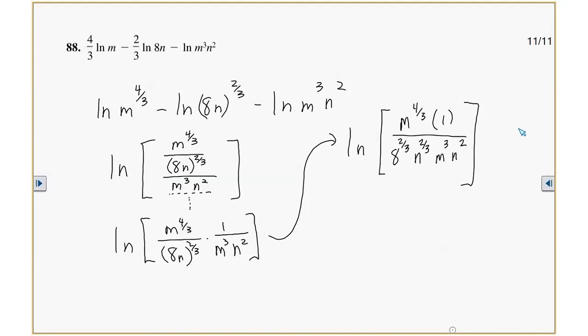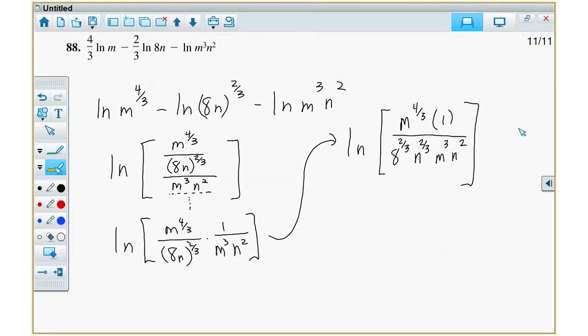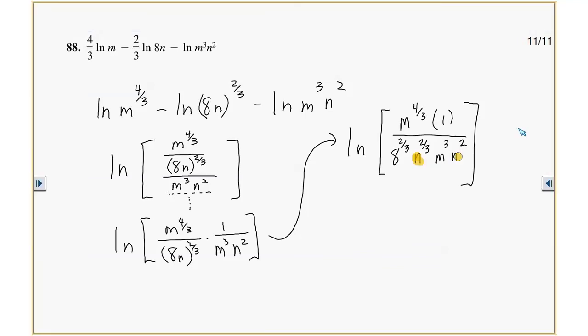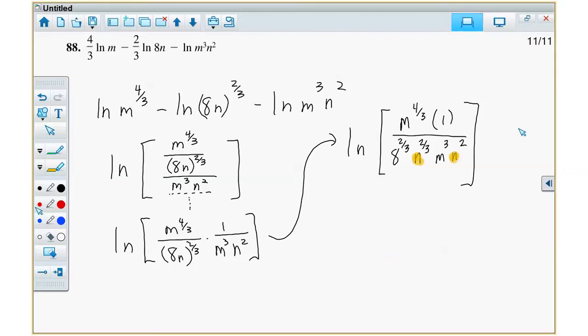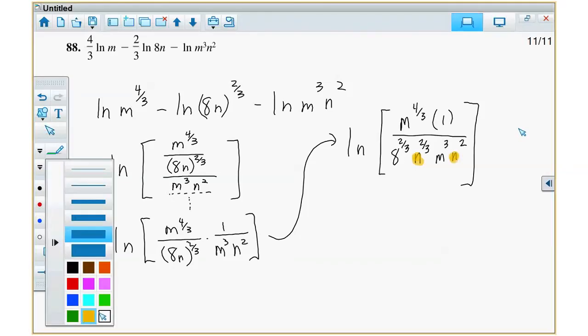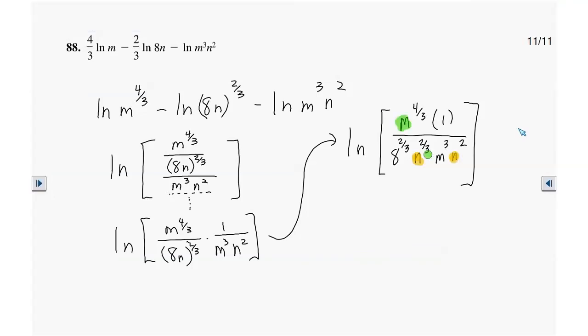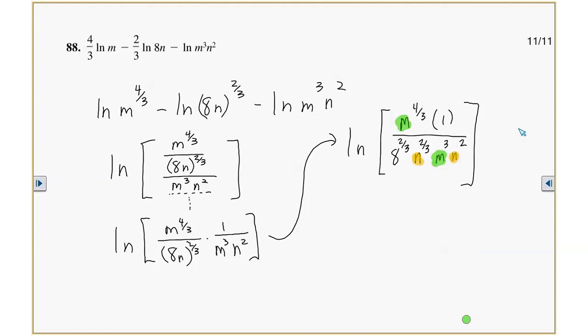Now, where are my same bases? Well, I have a same base here. So what can I do with the exponents on the yellow highlights? Yep, I have to subtract those. And where else do I have the same bases?